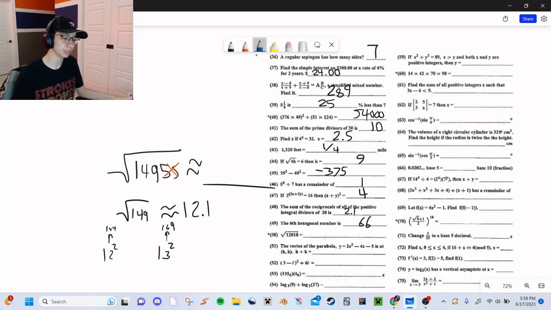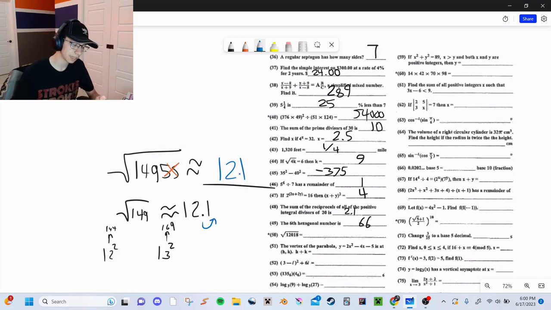Now, to solve the original question of the square root of 14,955, I've got to add back that factor of 10 that I pulled out. So I shift the decimal place once to the right, and I end up with 121 as my answer.